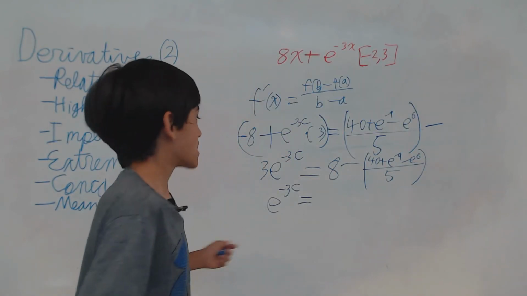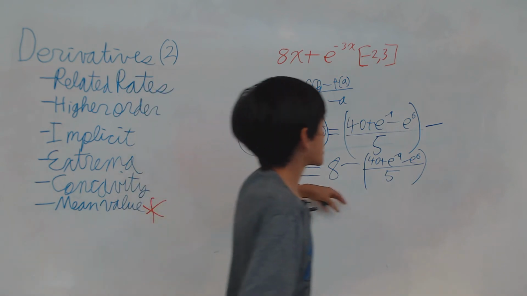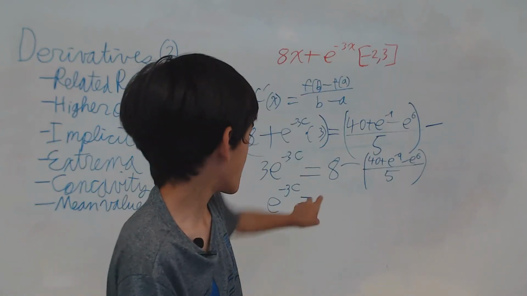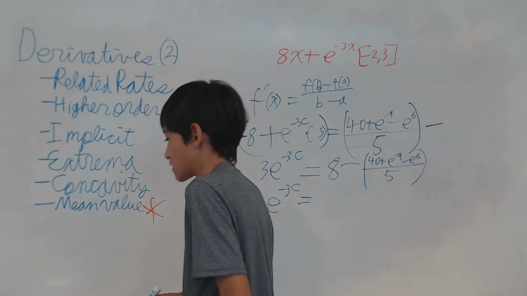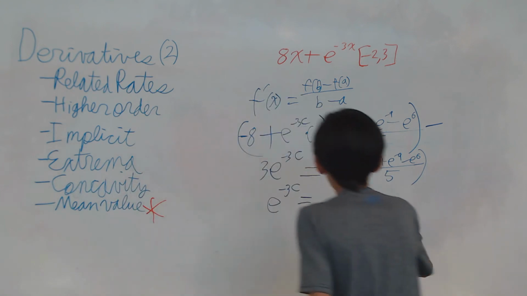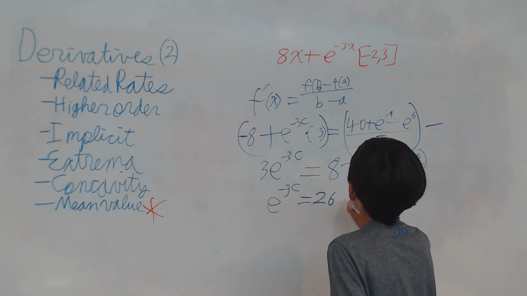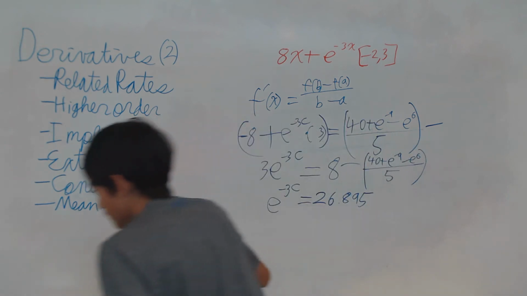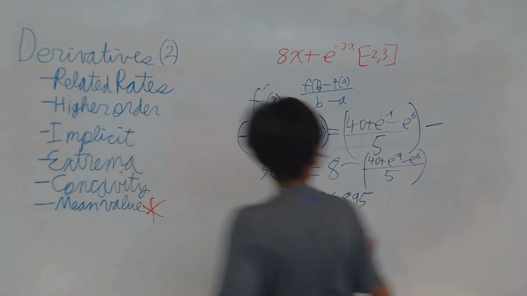We're still dividing this whole side by 3. And then we're going to get this decimal, 26.895. If you want some more decimals, 2447.